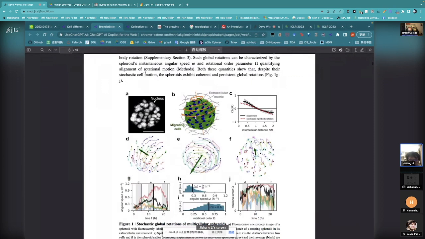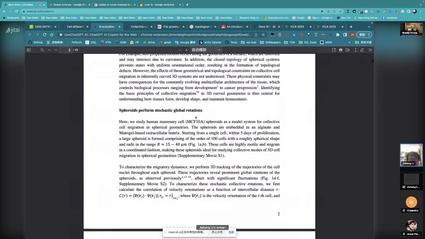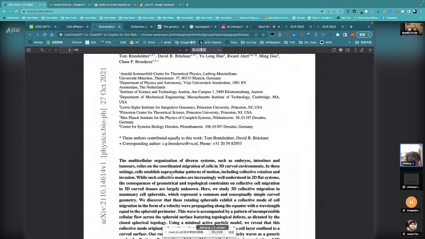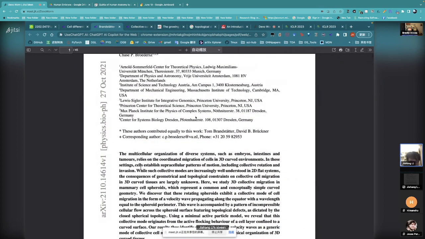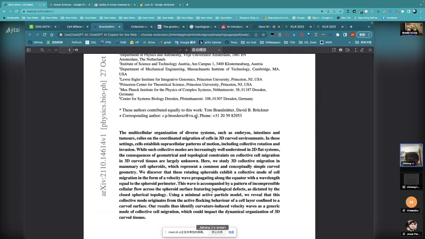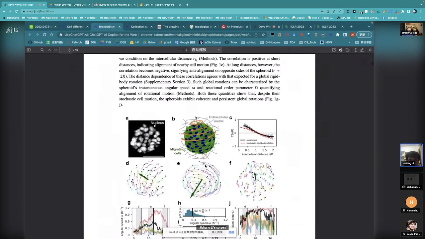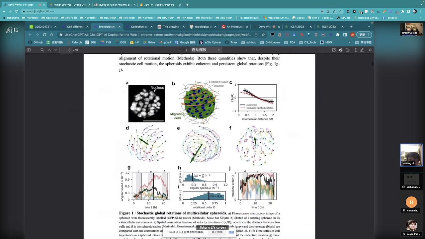For example, in this paper, the author showed that for some organisms or some multicellular organizations of diverse systems, they observe some kind of global rotation of collective cell migration. So this is one kind of high dimensional topological signature.